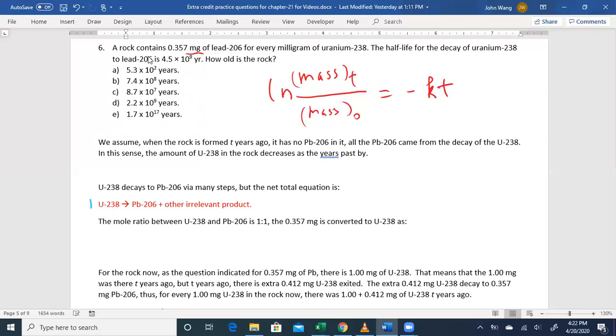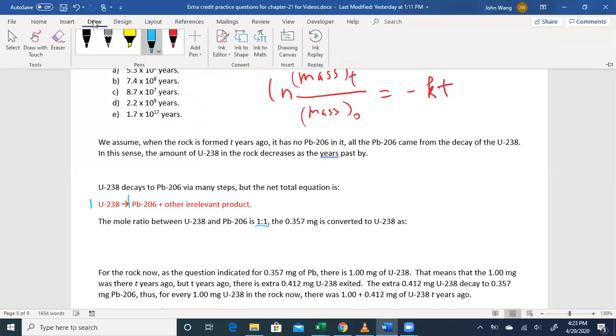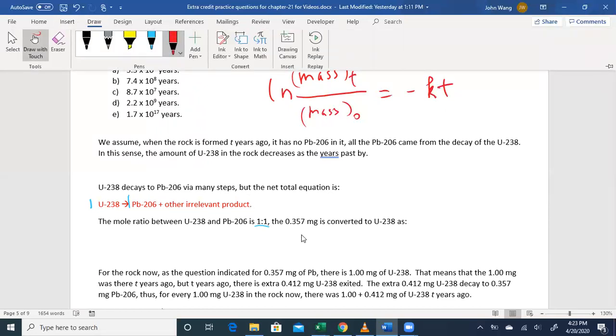Just one uranium-238 produces one lead-206. All the other products are irrelevant. Once we find the mole ratio between the uranium-238 and the lead-206, we can start the conversion to find how many milligrams of uranium-238 are used to produce this many milligrams of lead.